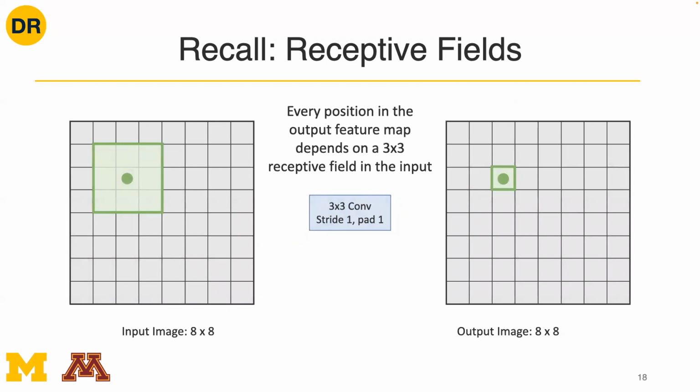If we have just a single layer like that, we saw how the input and output size is going to be preserved, because we have the padding and that stride with the 3x3 kernel. If the input image into this layer is 8x8 in spatial resolution, the output feature map is also going to be 8x8.